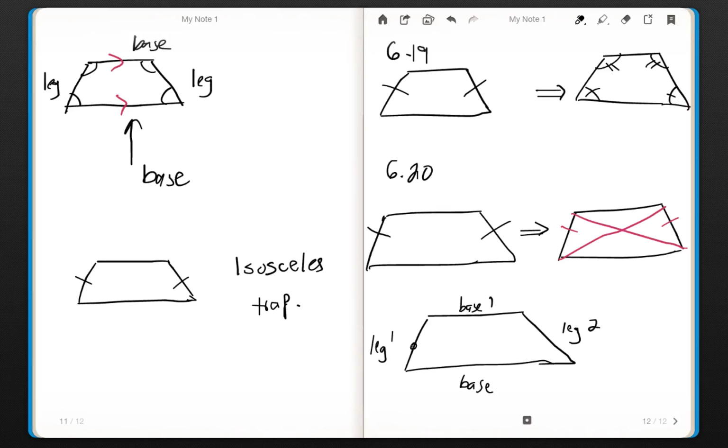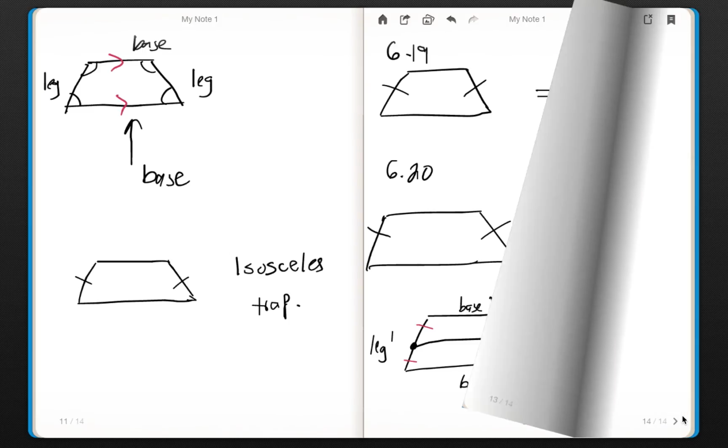If you take the midsegments of each one of the legs, and by midsegments, remember we know what that means, that means this, this, and this is this. Those are midsegments. And if you connect the two, we're going to get our next theorem. But that's what we mean by midsegments. So the midsegment of a trapezoid is this guy here. So that's just the definition of what the midsegment is. And we're going to actually get a theorem based on this here. So first we need to know what it means to be a midsegment of a trapezoid.